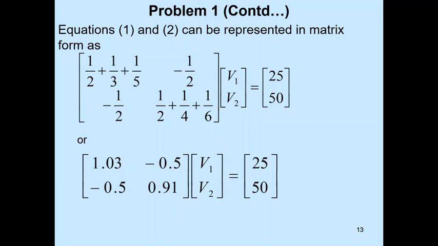By adding these three we get 1.03, and minus half is minus 0.5, and 1 by 2 is 0.5 plus 1 by 4 is 0.25 plus 1 by 6 is 0.166.